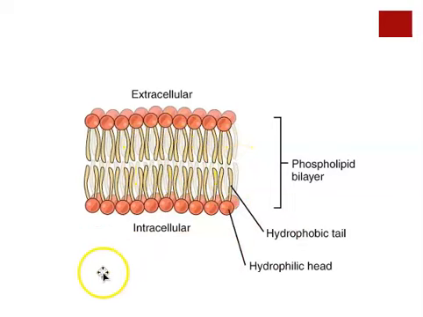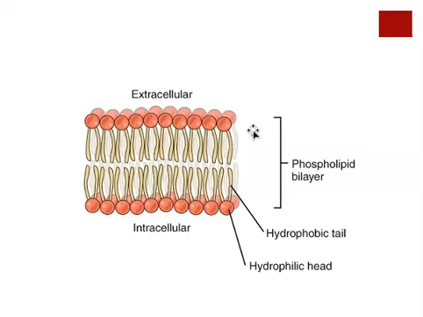Here's an important thing to remember about the membrane. These phospholipids, individual phospholipids with a head and two tails, are not bound to each other. They are not stuck together with covalent bonds. They are simply associating with each other. They are attracted to each other because of their unique chemistry.